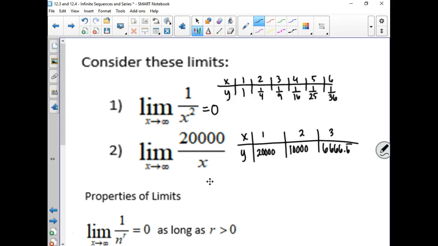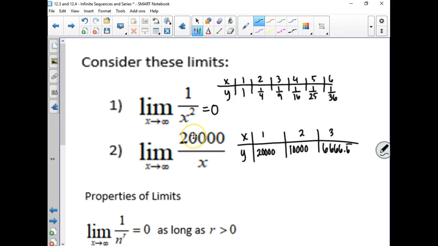But eventually you're going to have 20,000 divided by 20,000, which gives you 1. And then you'll have 20,000 divided by 1,000,000, which will be a fraction, and then 20,000 divided by 1,000,000,000 and 1,000,000,000,000. Eventually this becomes a teeny tiny fraction. It takes a little longer to get there, but eventually it happens.